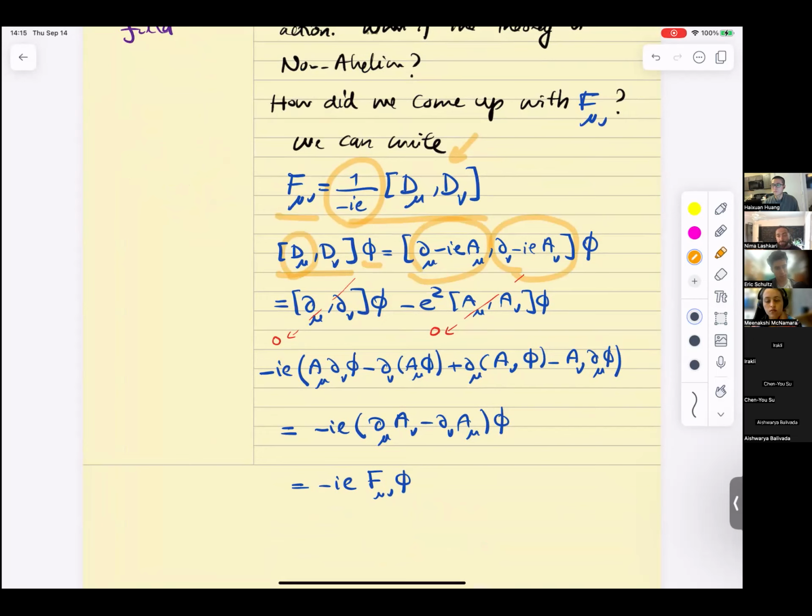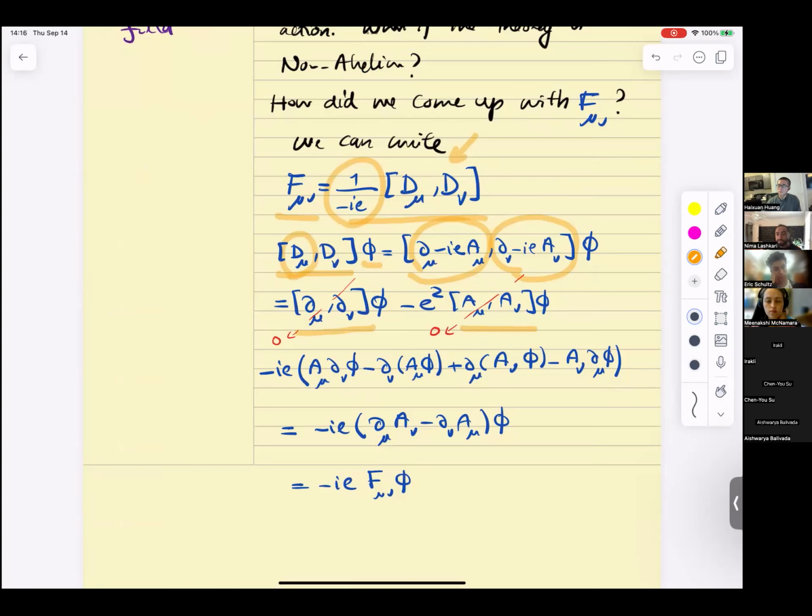The only reason that I mentioned the term commutator is that I have derivatives: del x and f of x do not commute. If you expand this commutator, you get the commutator of del mu and del nu, which classically is 0. Then you get the commutator of A mu and A nu, which classically is 0.